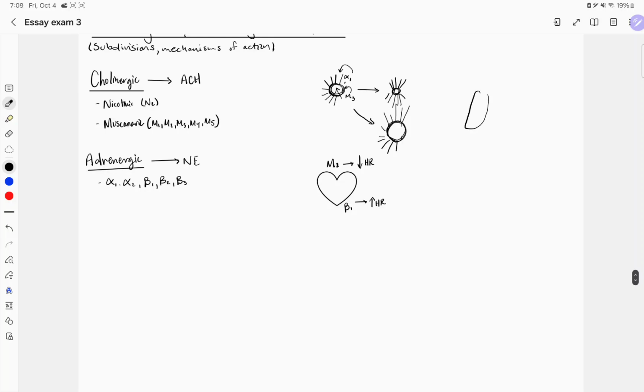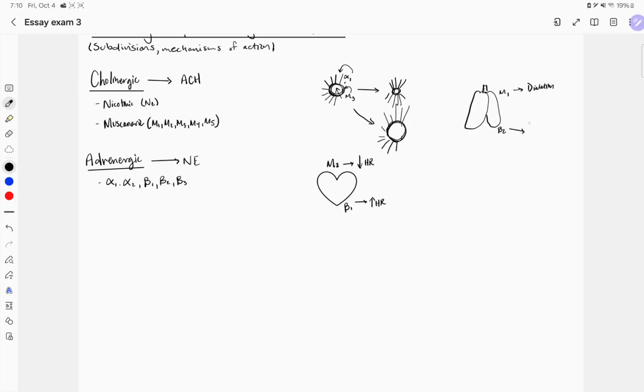We look at the lungs. Our lungs are the opposite of the heart, so we have muscarinic 1, beta 2. Muscarinic 1 are going to cause dilation of bronchioles, so greater airflow can pass through.